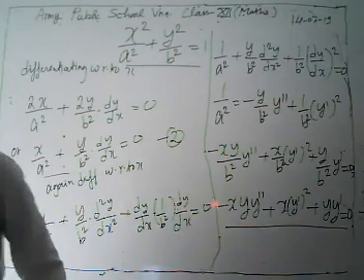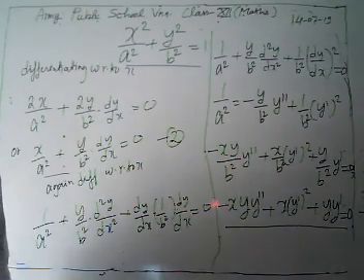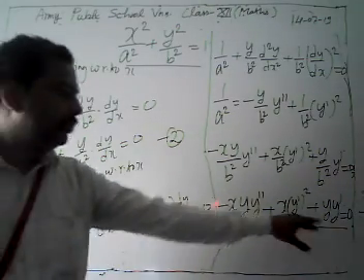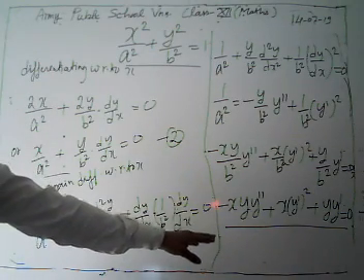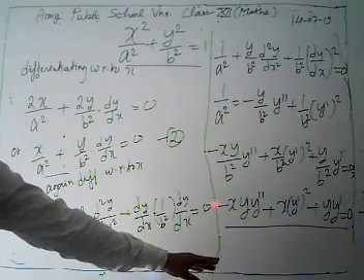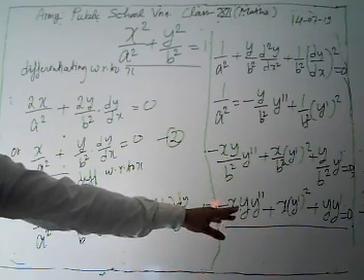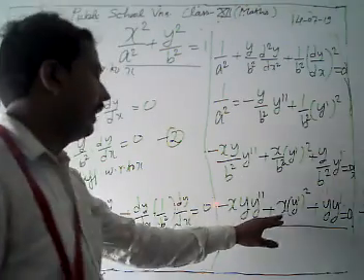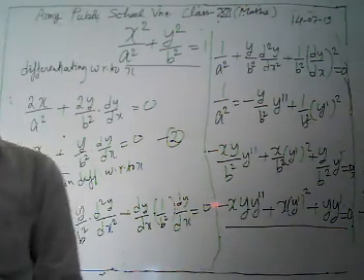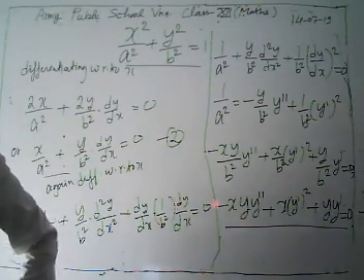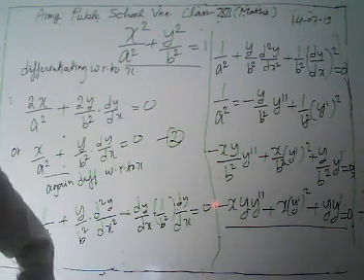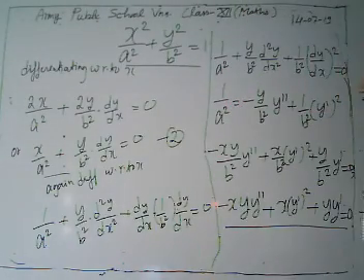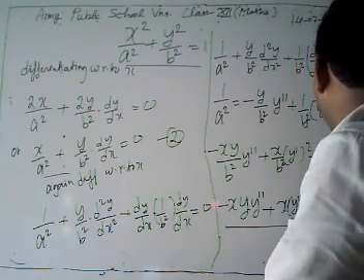It is minus x y y double dash plus x y dash whole square plus y y dash equal to 0. We can also shift the terms to the right hand side to make it positive. Now we get our required solution.